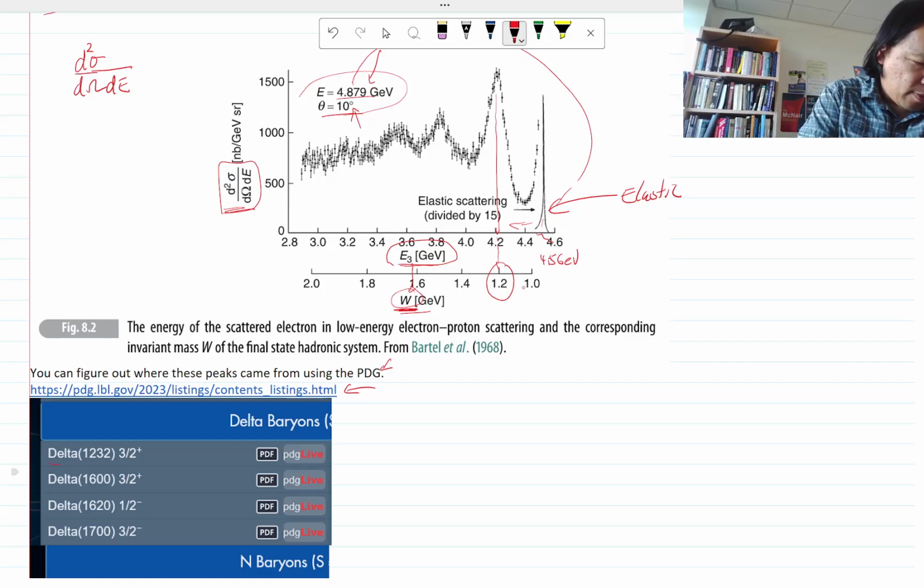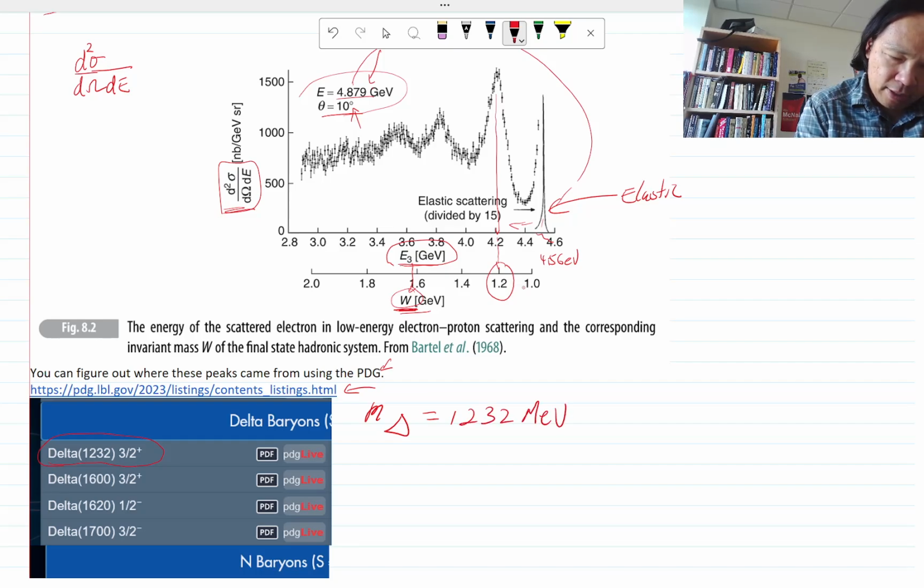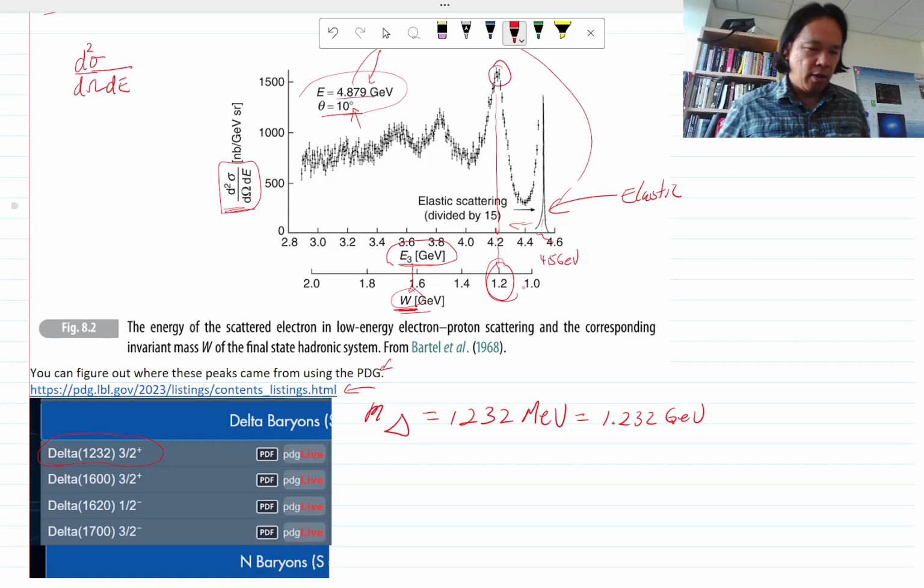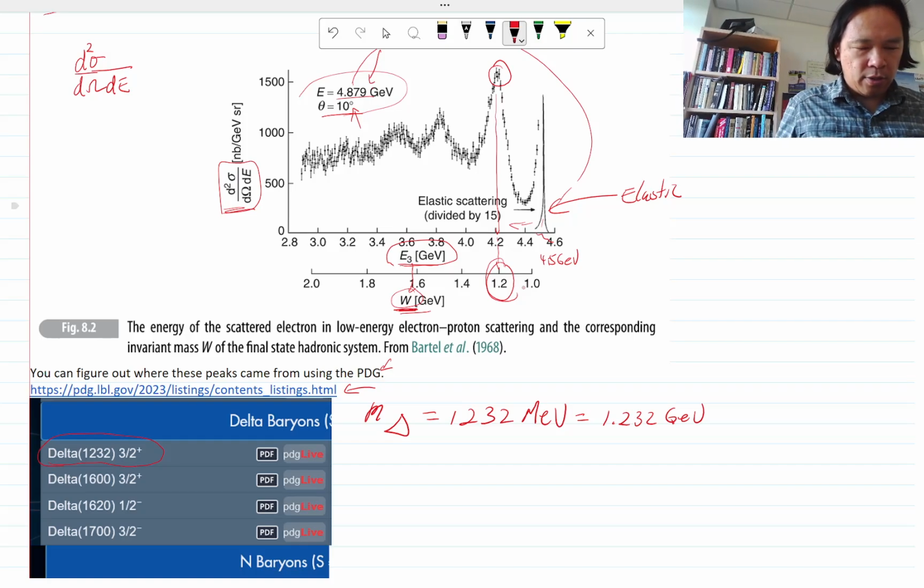You're going to find that there is a particle called the delta particle, which has a mass of 1232 MeV, and surprise, surprise, about 1.23 GeV. Okay, and this is exactly where this peak corresponds to. It's super neat and really interesting, right?